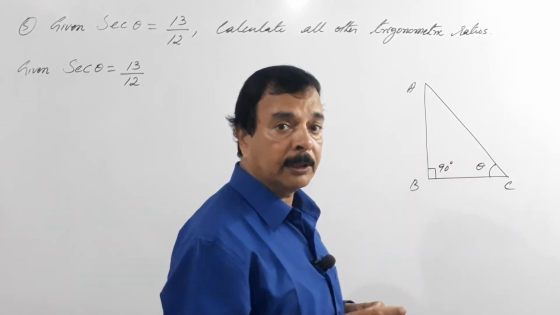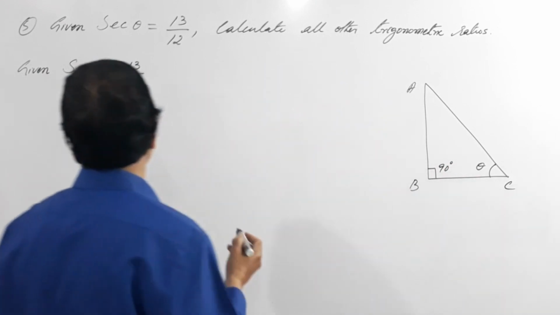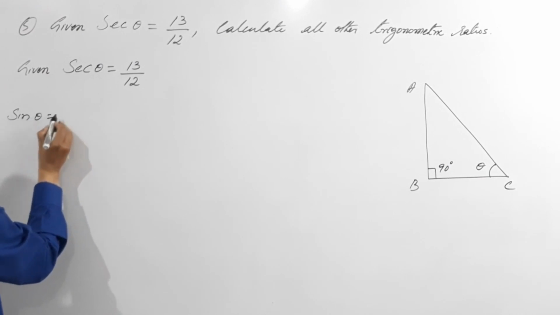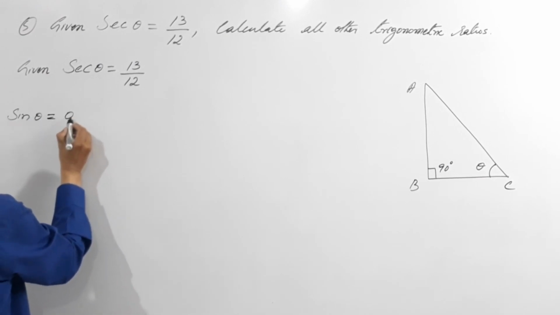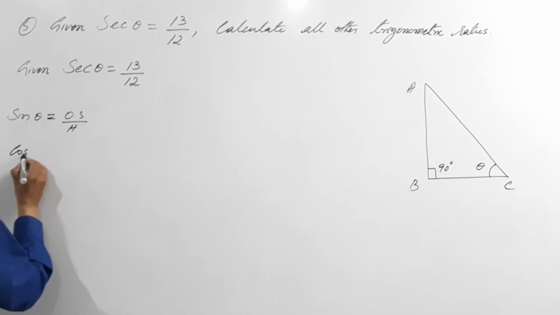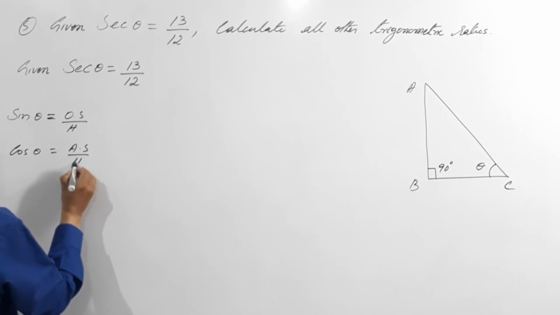So to remember this, I teach you. Sin theta is opposite side by hypotenuse. Cos theta is adjacent side by hypotenuse.